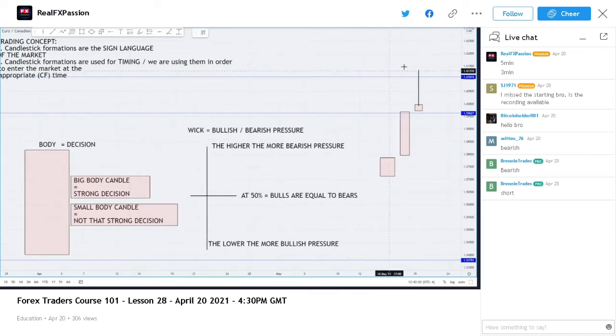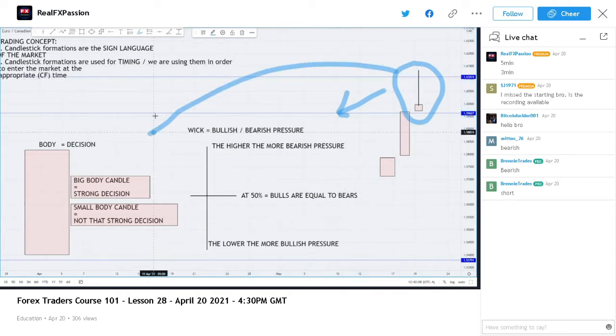What do you say? What is this? Take a look at what is written in here. Even though you're a beginner, what would you say? Is this candle that I circled a bearish candle or a bullish candle? And don't be shy, everybody. There is no right or wrong. We are here to learn, to talk about.